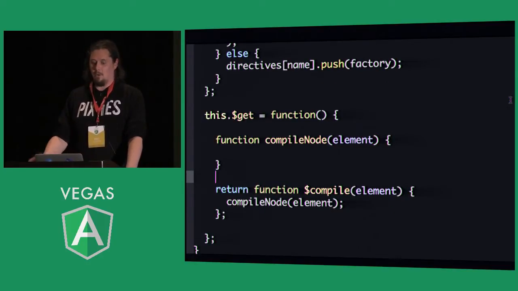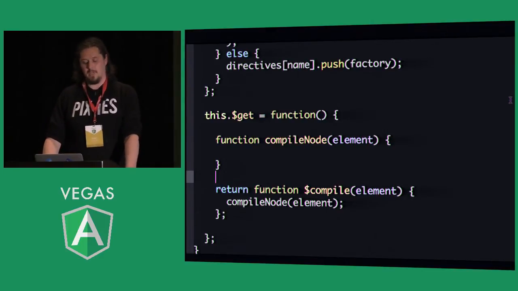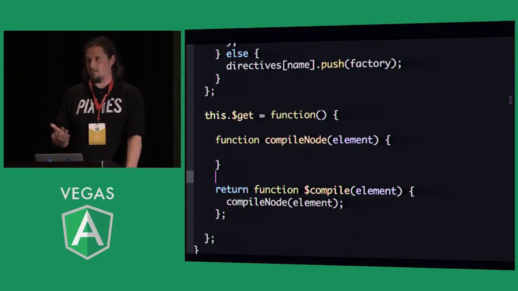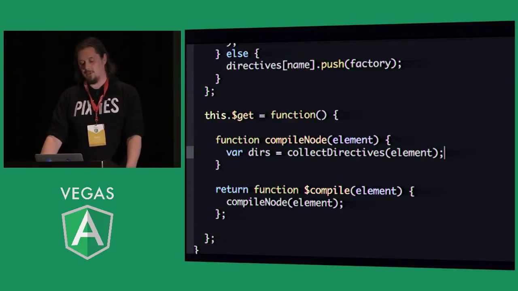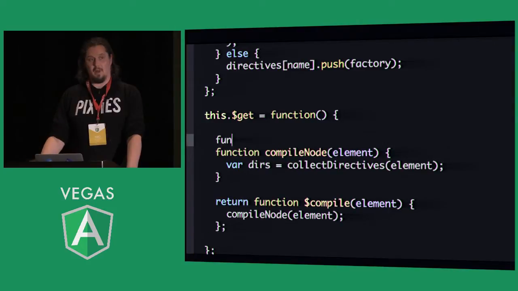To compile a node, the first thing that we need to do is figure out which directives should be applied to that node. And to do that, we introduce yet another helper function, actually, called collectDirectives. And its job is to give us an array of any directives that we know about that should be applied to this element.